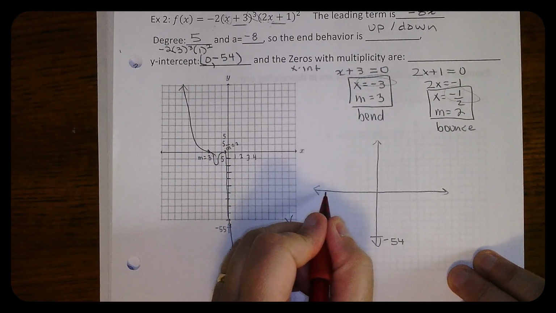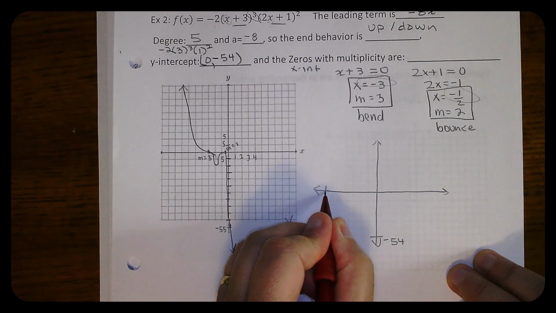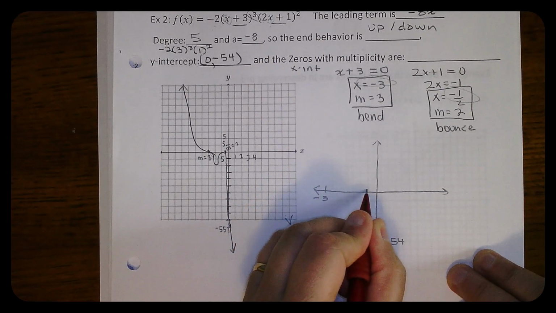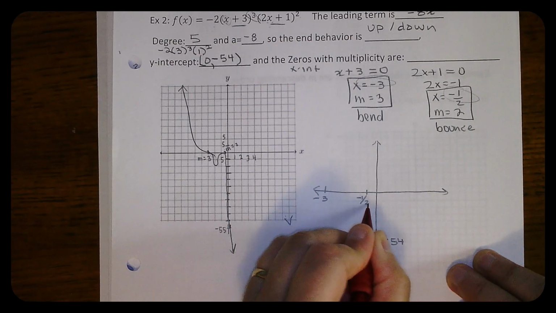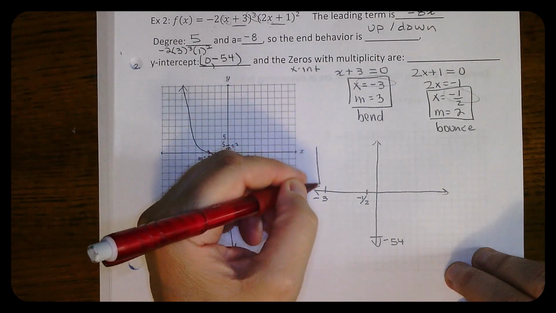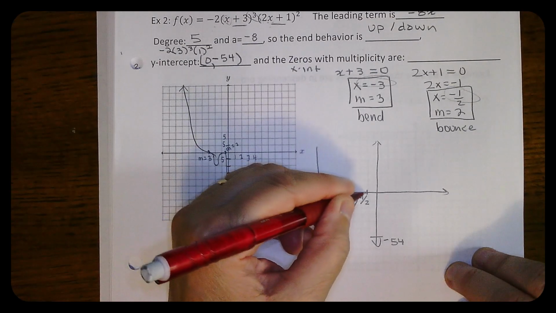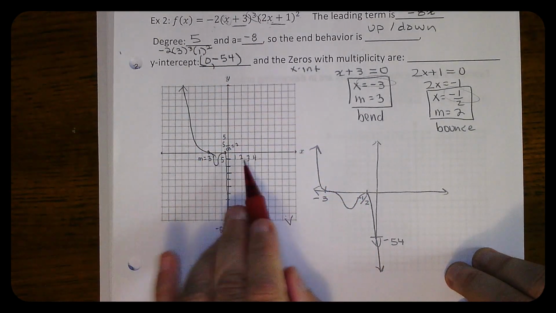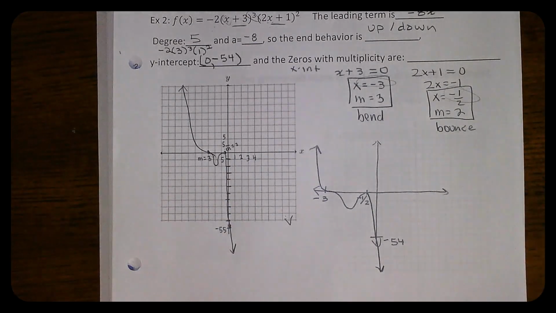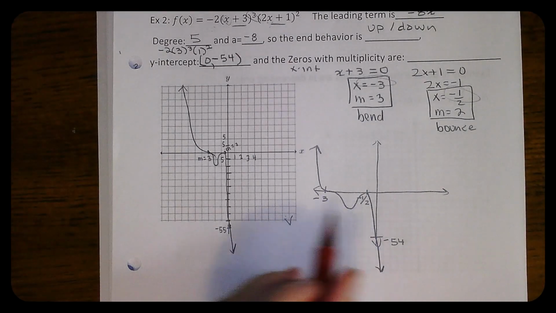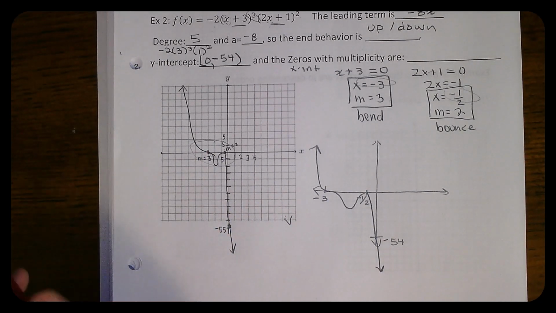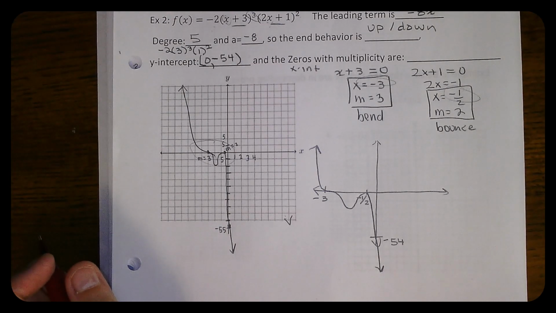So I could put the -3 right here and the -1/2 right here, and then bend, and then bounce, and if you're not burdened by the uniformity of those blocks, it can get a little easier. So I think on the test we won't have the grid marks. It won't be so hard to get everything on there.